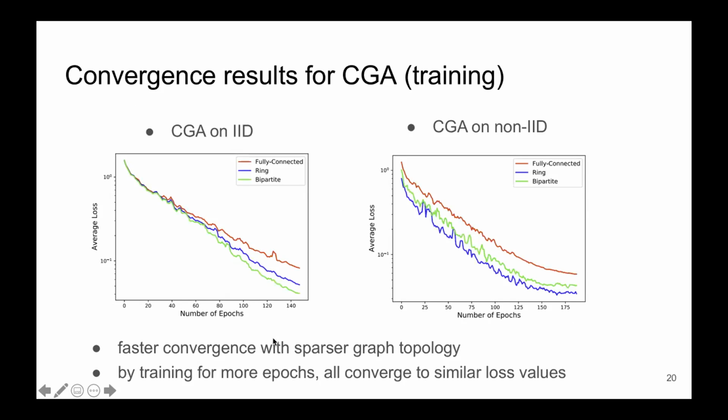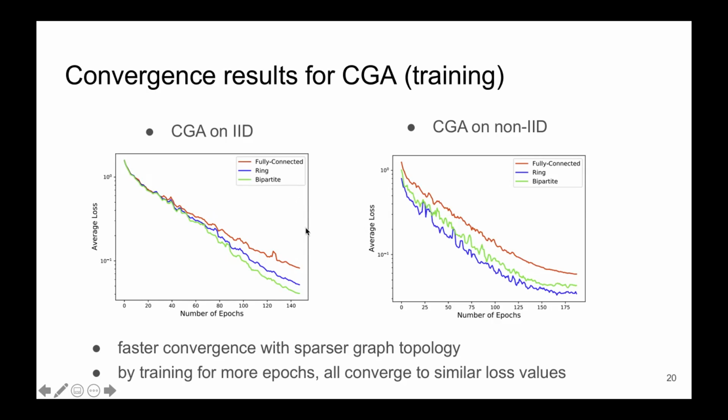The first convergence result is for the training of the CNN. It shows how the communication graph affects convergence under IID and non-IID distributions. We can see there are three curves. The red one is fully connected, blue is ring, and green is bipartite. This is training, and a faster rate can be achieved by sparser topologies.